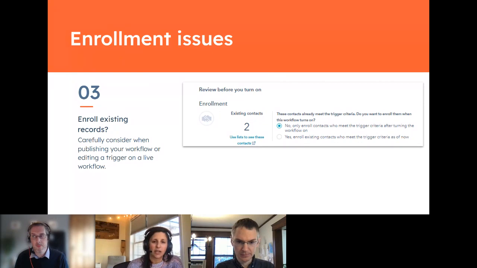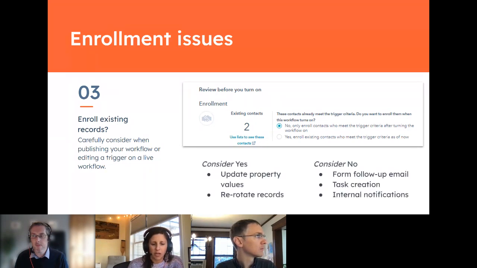So in that scenario, it does make sense to enroll the existing records and do a bulk data cleanup at the time that you turn the workflow on. And then in addition, the workflow will maintain that data by enrolling records that meet the criteria going forward. In summary, there's a couple examples here with a more probable approach, but they're definitely not hard and fast rules. So you want to think this through for every workflow.